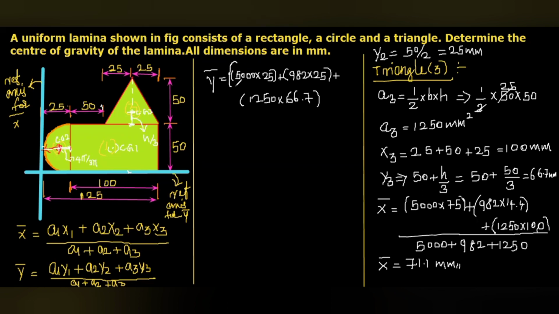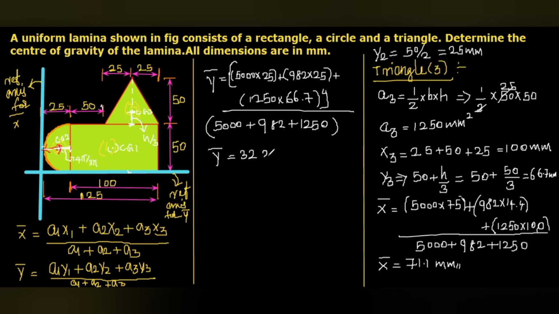This is the numerator. The whole divided by a1 plus a2 plus a3, that is 5000 plus 982 plus 1250. So we will get the value of y bar equal to 32.2 mm.